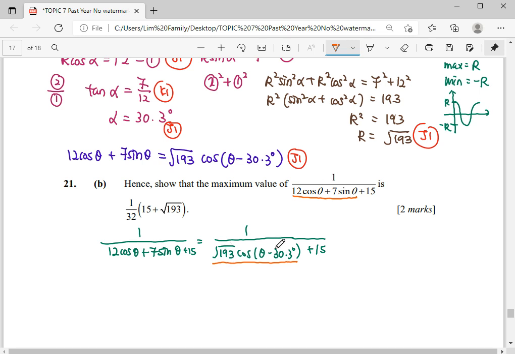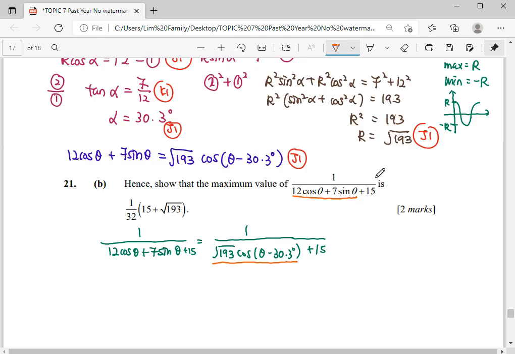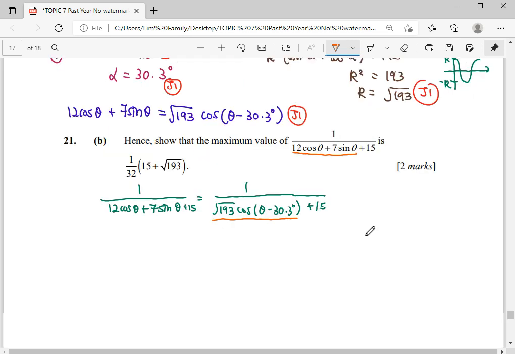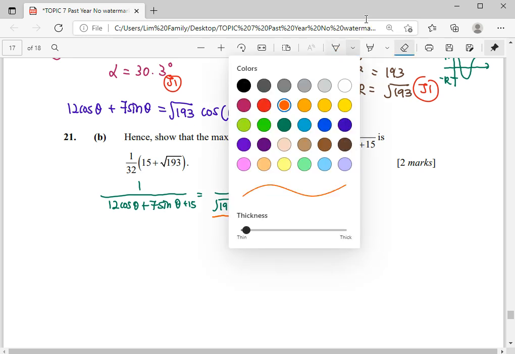But this function is an inverse function, 1 over. When it is an inverse function, your maximum will become minimum and minimum will become maximum. It's not a linear function like this. If we have a linear function, maximum is square root 193, minimum is negative square root 193. After we inverse it, 1 over something, the maximum becomes minimum and the minimum becomes maximum.